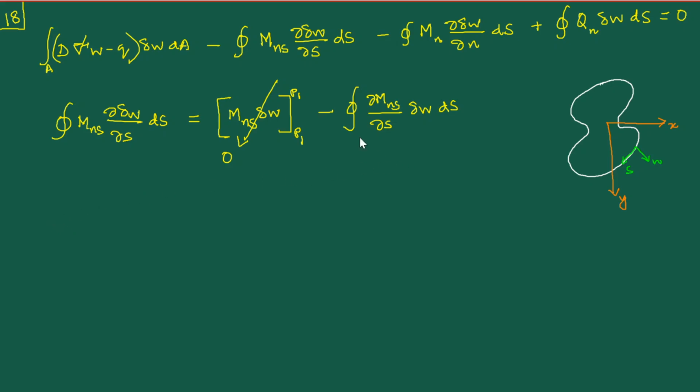So what happens if we substitute this back here? So we have the delta 4 w minus q, that remains unchanged. This minus will become a plus courtesy this minus.